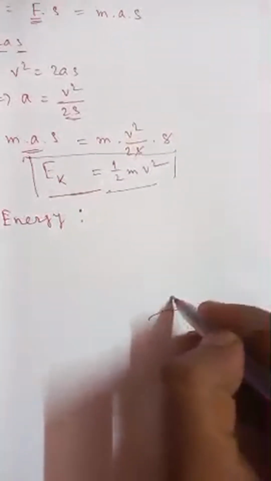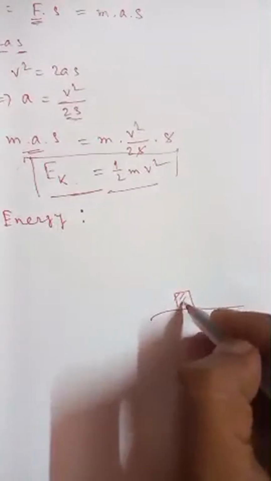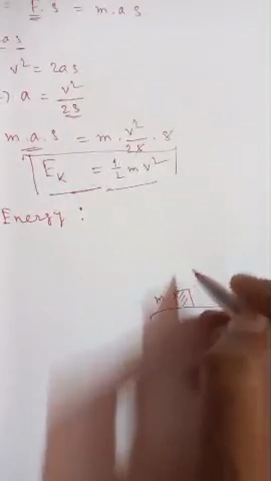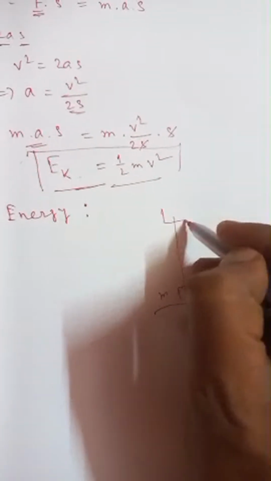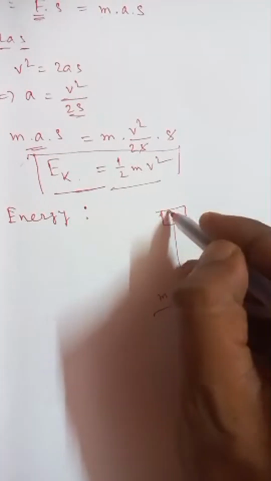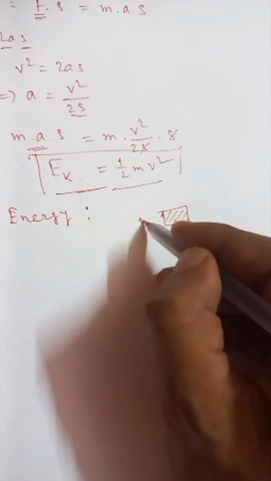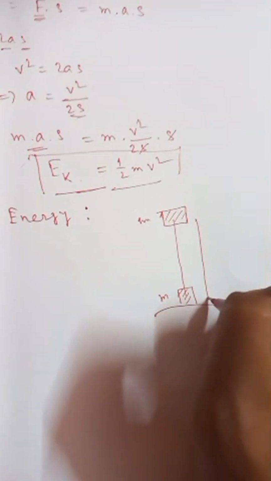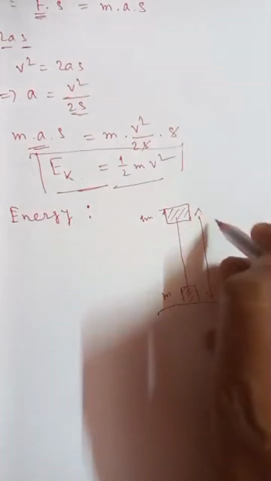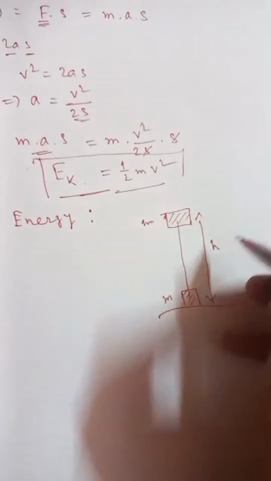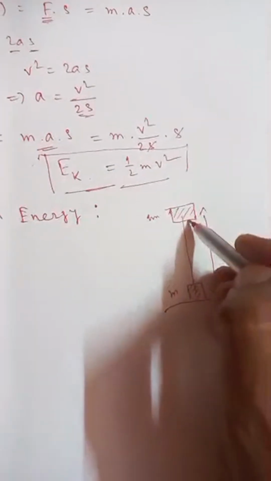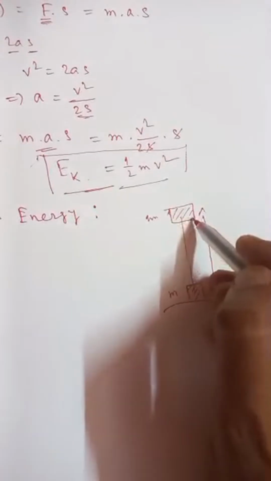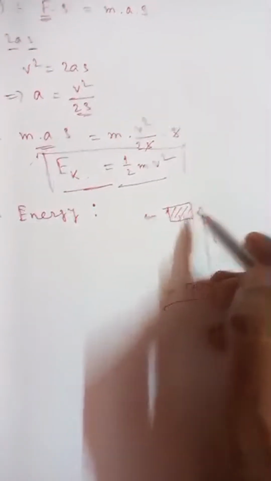We take a mass m, which is moved upward and stored at a height, this object at height h. Then we have to find out the potential energy stored in this object at this height.